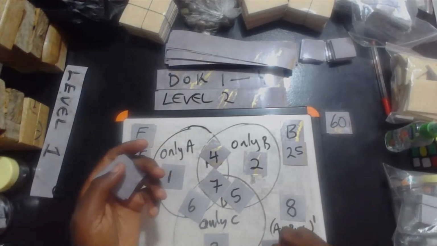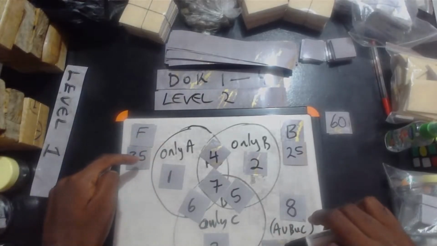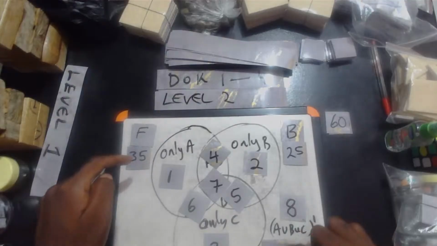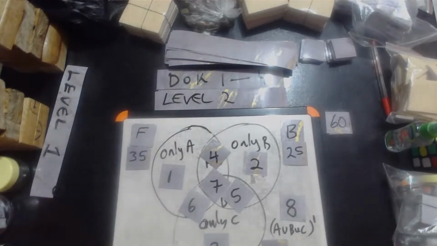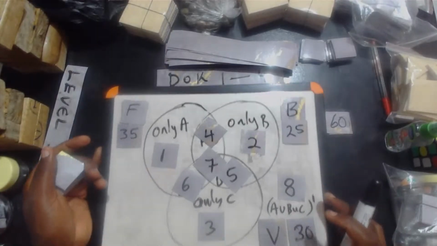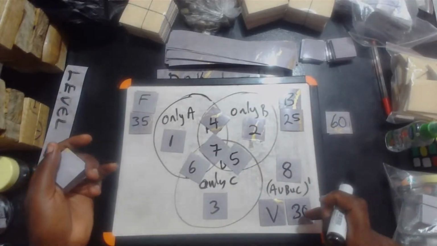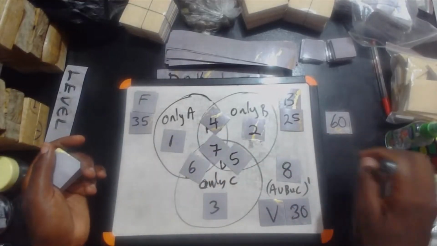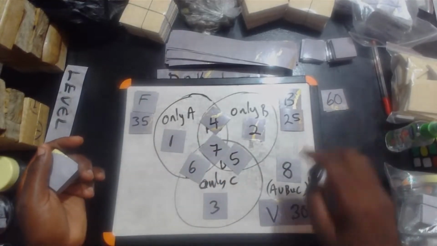Yeah, so we have 35 who like football. Okay, 25 like basketball. Now, how many like volleyball? We are told that 30 like volleyball. Yes. So 30 like volleyball, 25 like basketball, 35 like football. And the universal set is 60.